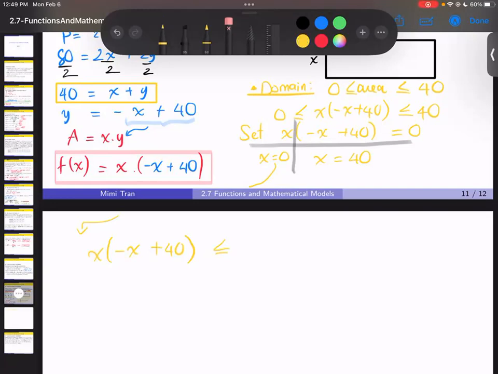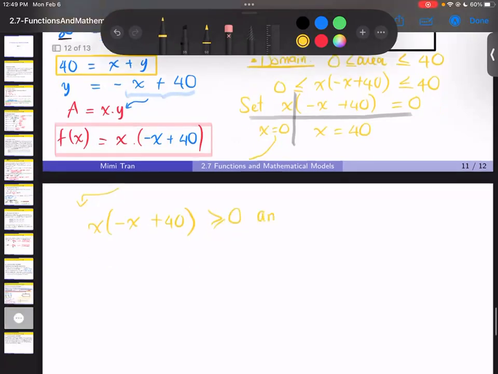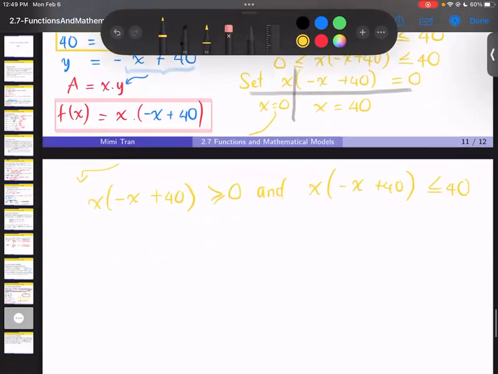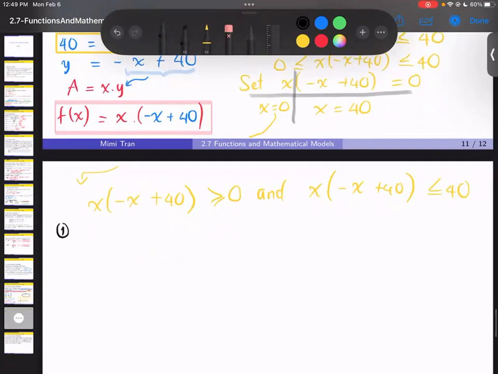It's the same thing. There are two parts. You're going to solve x times negative x plus 40 greater than or equal to 0, and x times negative x plus 40 less than or equal to 40. For both parts, you have to find your critical numbers. This is just recall.